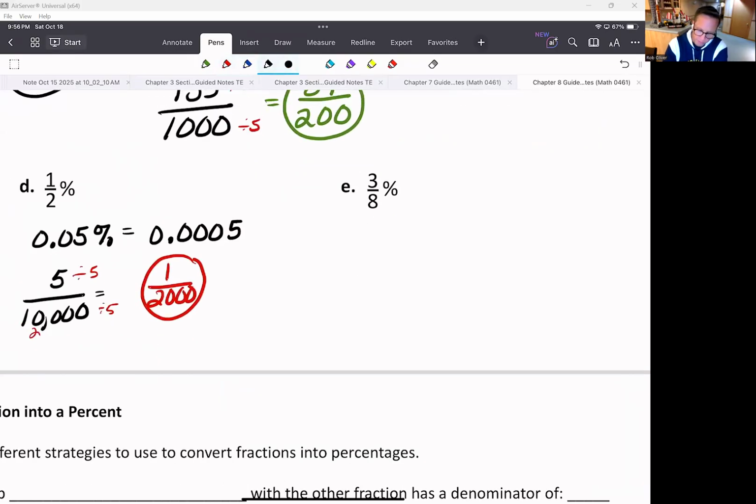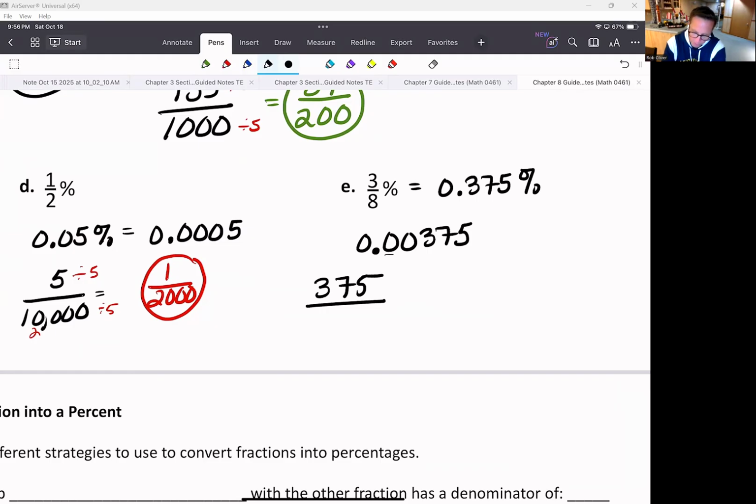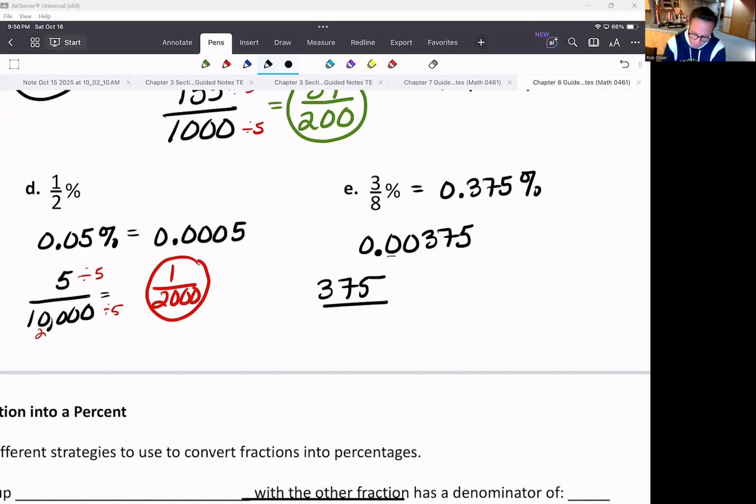And then 3/8, I'll save you some time here, is 0.375 as a decimal. So 0.375%. And then to change that to pure decimal form, I'm still dividing by 100. So you get 375 over 100,000, right? And then we can divide that.